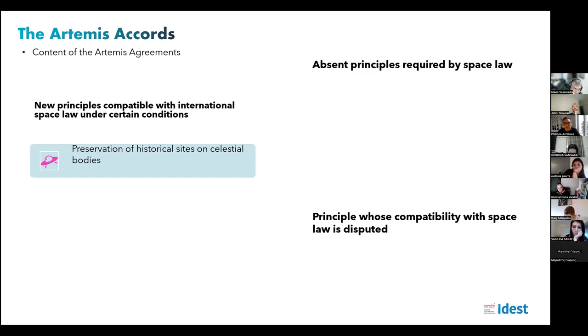The preservation of historical sites on celestial bodies means the protection of the sites where previous missions landed, in particular the Apollo mission, the first Apollo mission to reach the moon. So the idea is to protect these zones because they represent a historical site.